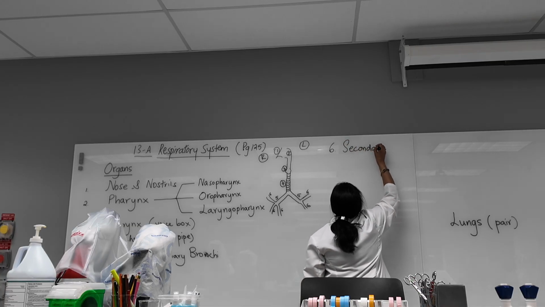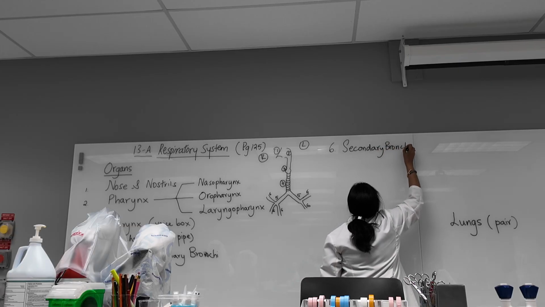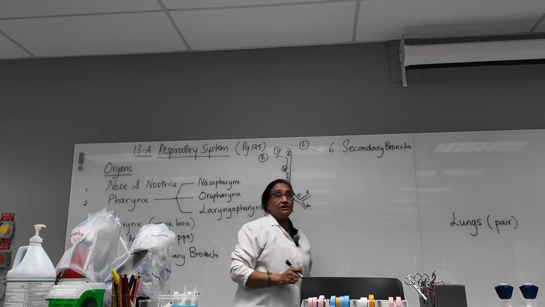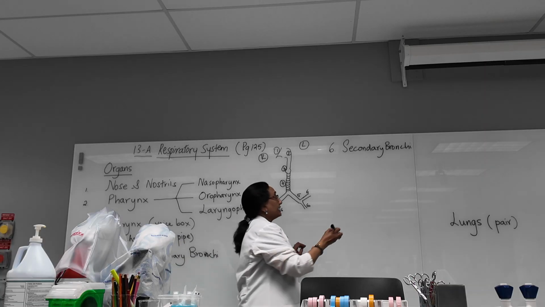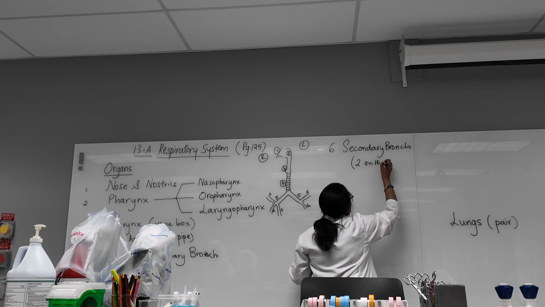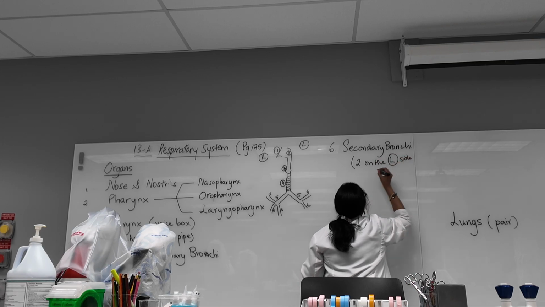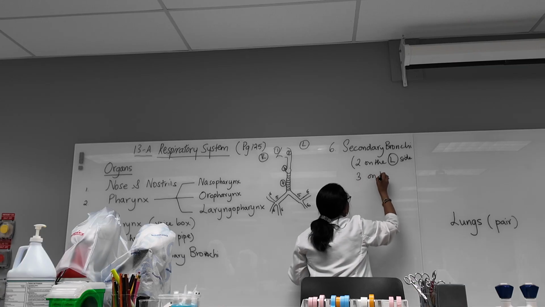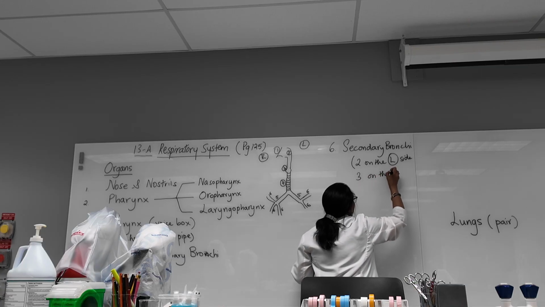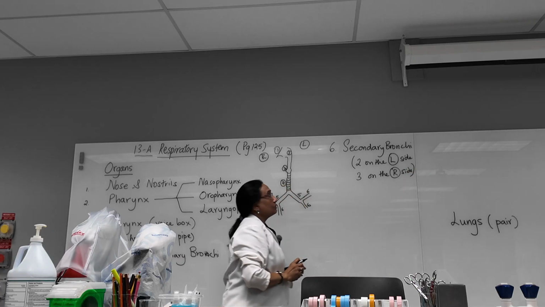Now there are other names for this also, but I'm just sticking to this one so that there is less confusion. There are 2 on the left side, 3 on the right side. And you will see why, okay? When you look at the structure, you will see why.